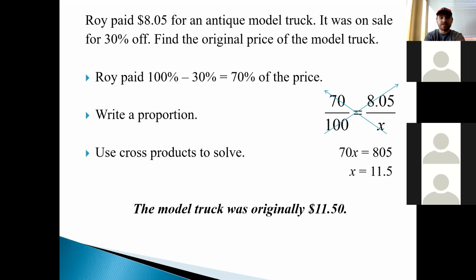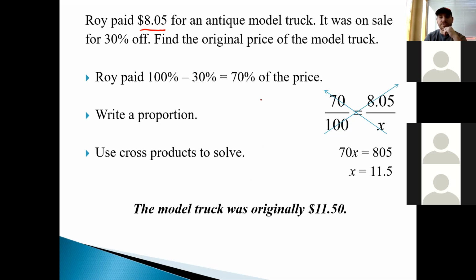It's weird. So this one says Roy paid $8.05 for an antique model truck. It was on sale for 30% off. So we need to find the original price of the model truck. Now, this is the one time that we're setting it up differently. So this time we know the discounted price.